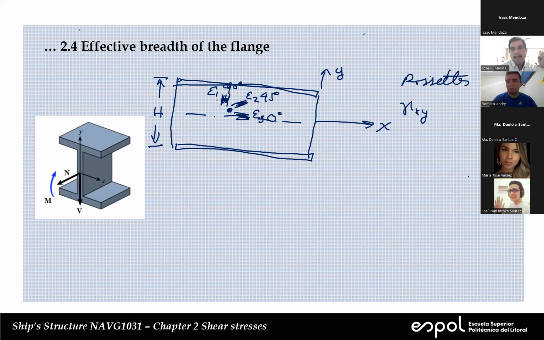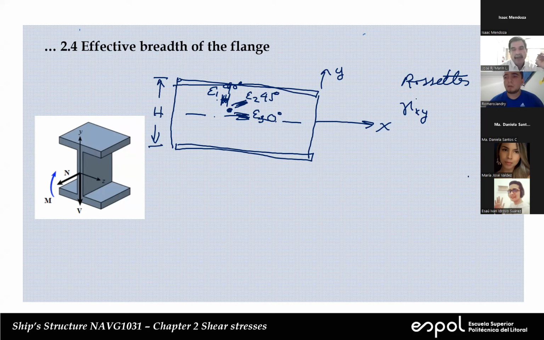Just a second, please, Miss Valdez. Okay, so this is what you have to review. You have to review in the solid mechanics book how you get a rosette of gauges. They explain it in a very simple way. If you have these 3 values, how do you calculate the gamma? And from that point, you can go on.